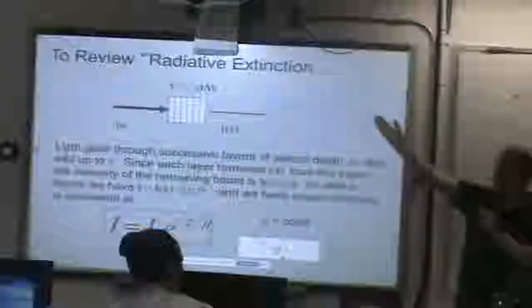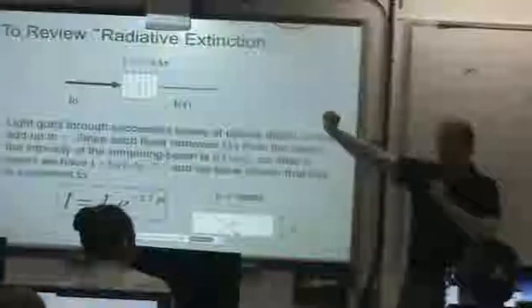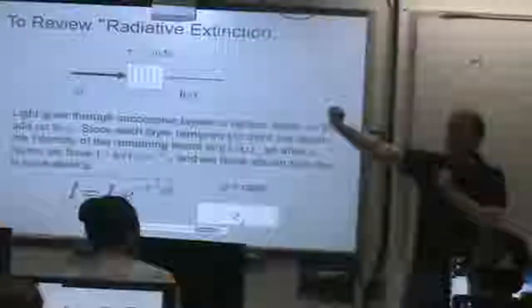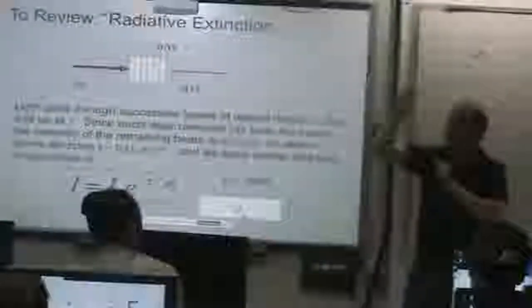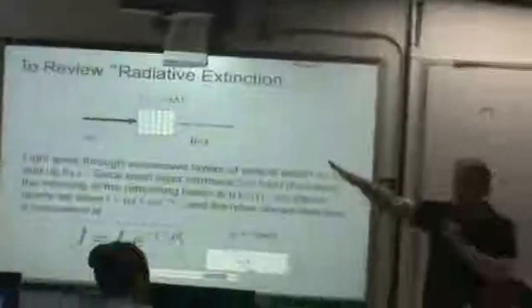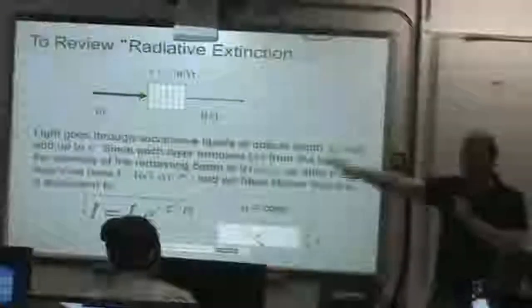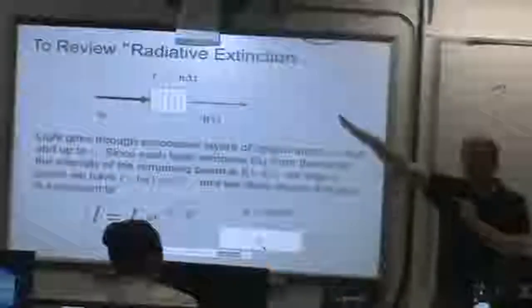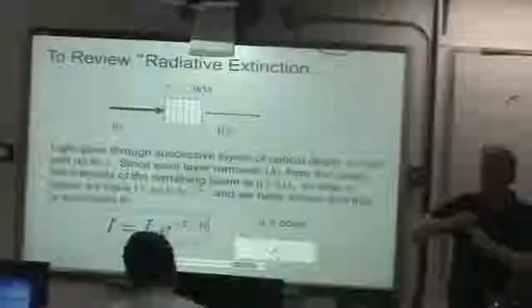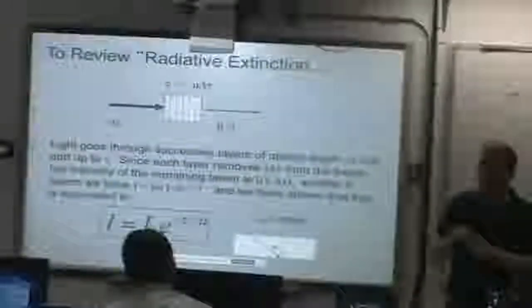If I'm looking at something over there, I'm going to measure a lower intensity because it's going through more material. But we don't want to say the atmosphere has a different optical depth just because I'm looking in a different direction. We want to say it's the same optical depth, I'm just going through in a different direction. Okay? So that's the key idea there.